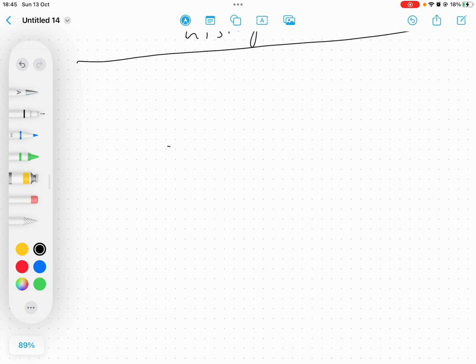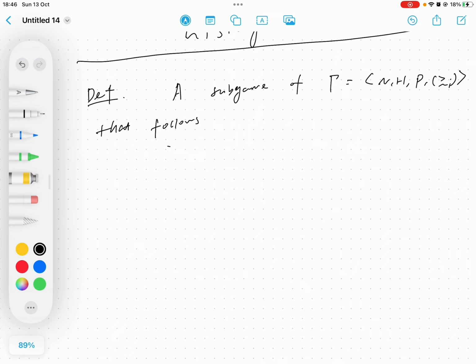All right, so definition. A subgame of this gamma, of an extensive game with perfect information and preferences, that follows some history h is also an extensive game, right?